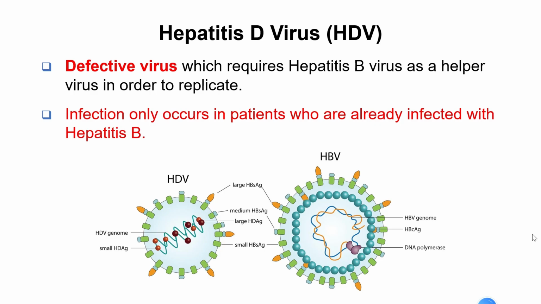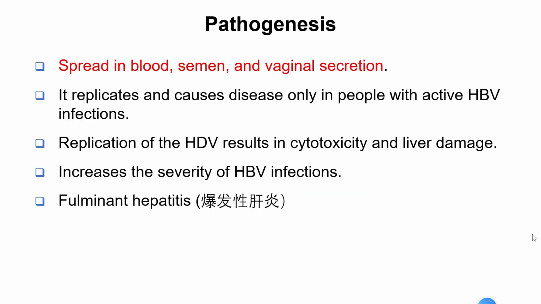This is interesting, and it can make the disease even more severe in HBV infected persons. Spread of HDV is again similar to HBV, through either blood or blood products and body fluids like semen and vaginal secretion.